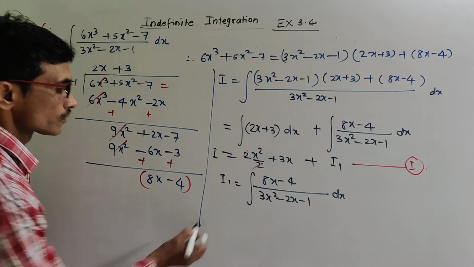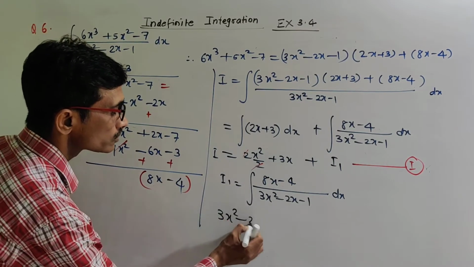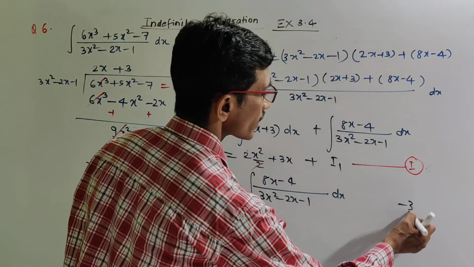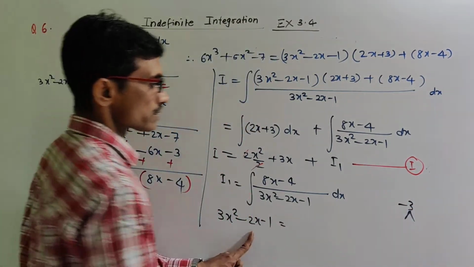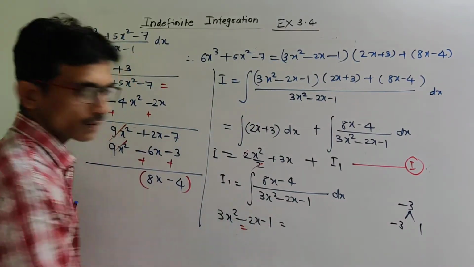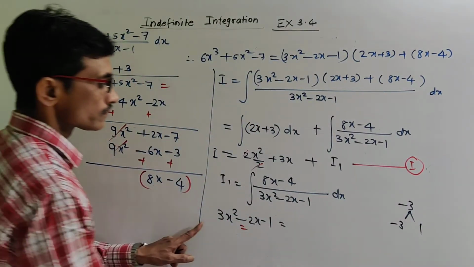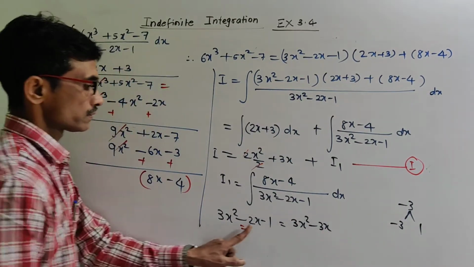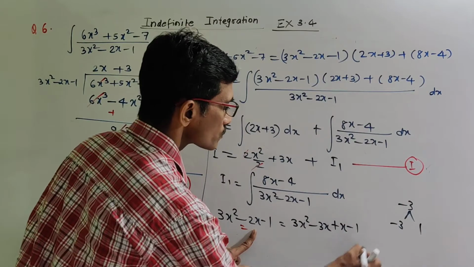3x² − 2x − 1, factors: minus 3 we factorize, that is minus 3 and plus 1. See the middle term, we split: 3x² − 3x + x − 1.